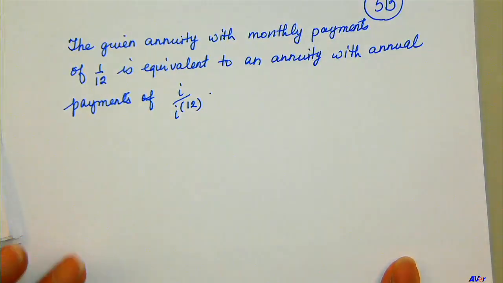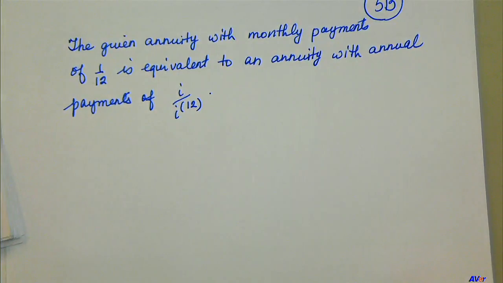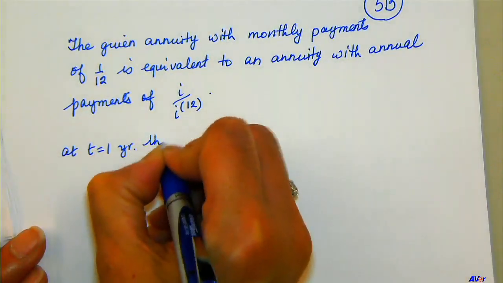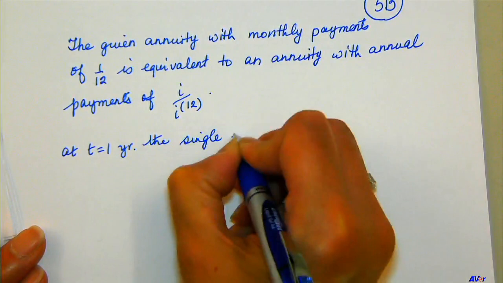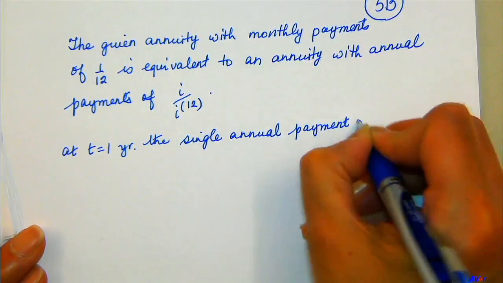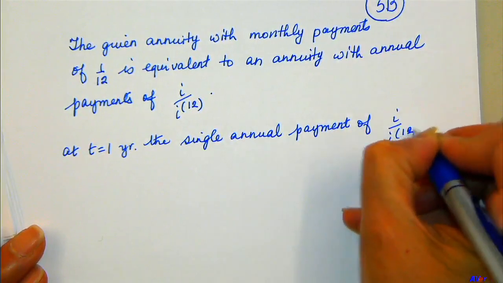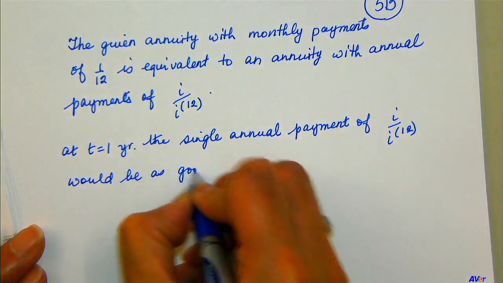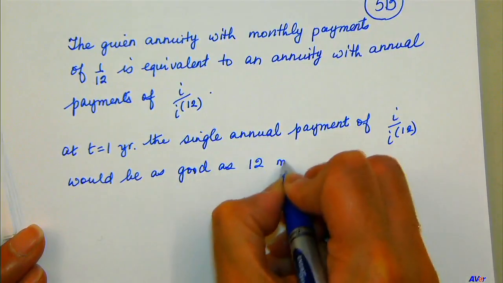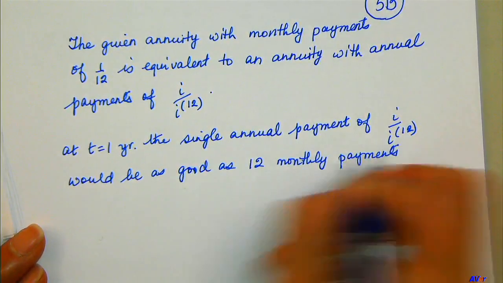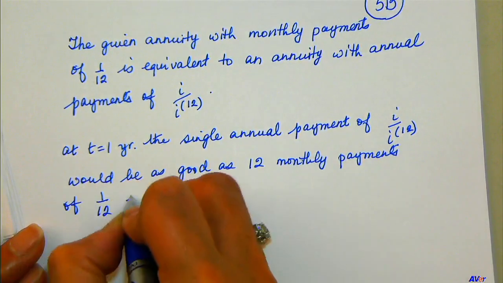I'm going to prove that to you. So at t equals 1 year, the single annual payment of I over I-12 would be as good as 12 monthly payments of 1 over 12 each.